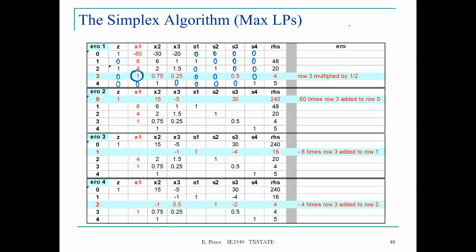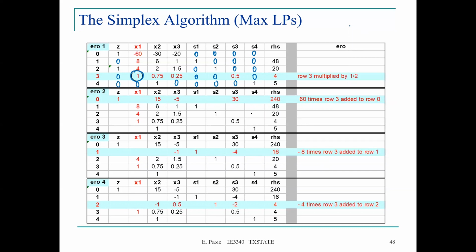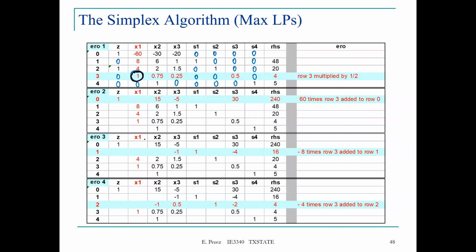I'm going to change this color to black. Okay, so we make this equal to 1 by multiplying by 1/2, right? So if we go back to this slide, this number is 2. So we want to make that equal to 1. So we multiply the row 3 by 1/2.